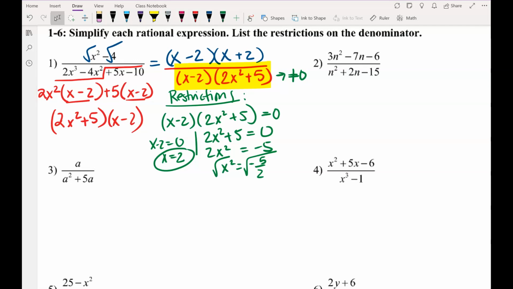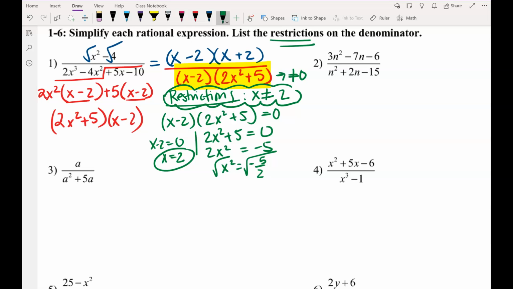Well, in restrictions, we don't need to. We only need to restrict real numbers that make the denominator equal to 0. So currently, students, we only need to restrict one real number. X can never ever equal 2. So make sure we box that up as part of our answer because it says list the restrictions.